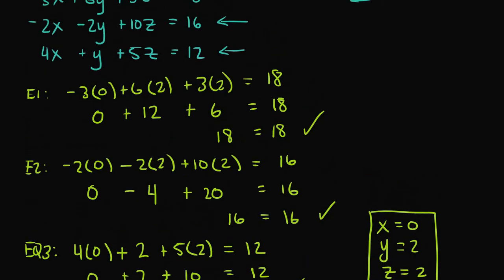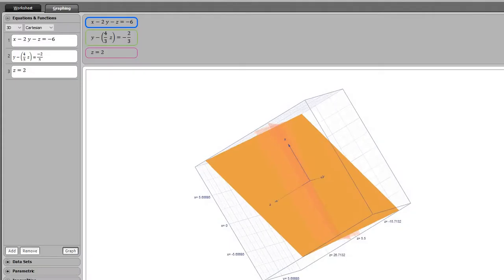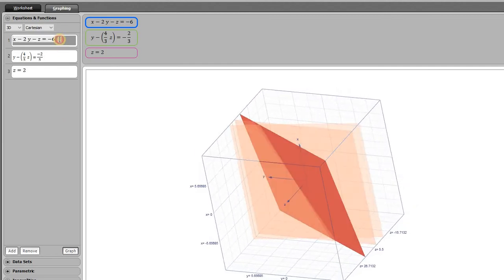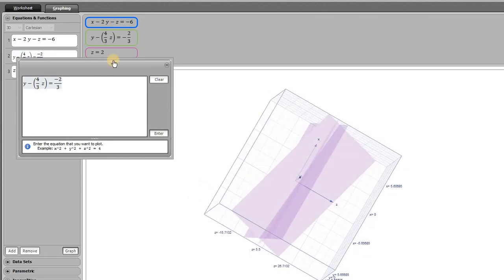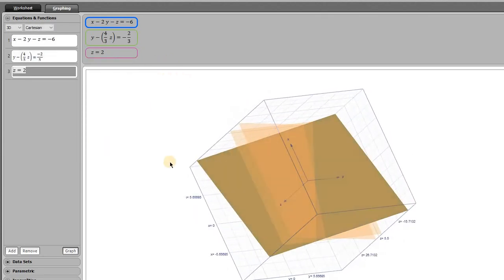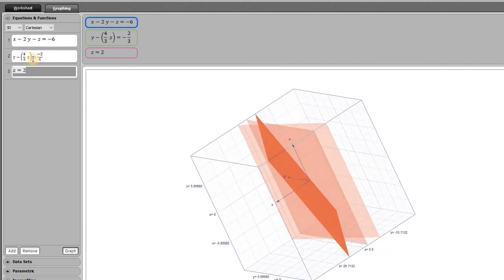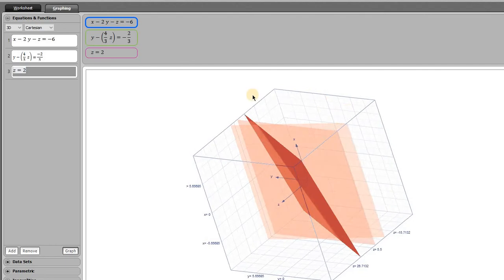Now what I'm going to do is take this equivalent system, this one here in the pink box, and go to my graphing software. And just for the sake of time, I've already entered in these three equations, that equivalent system of linear equations here. And you'll notice that this is obviously a 3D graph. And each one of these three equations are plotted as planes here, right?